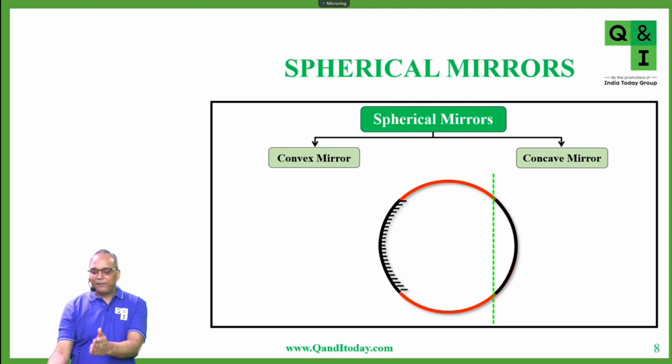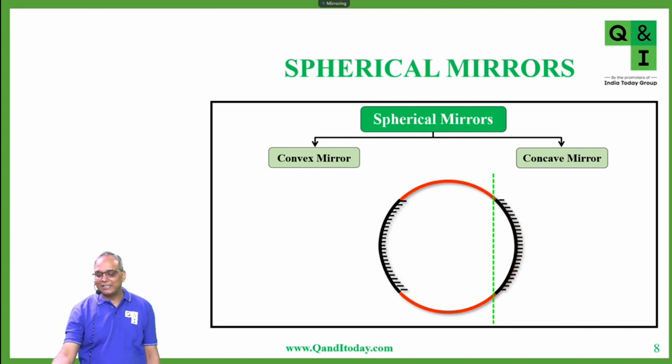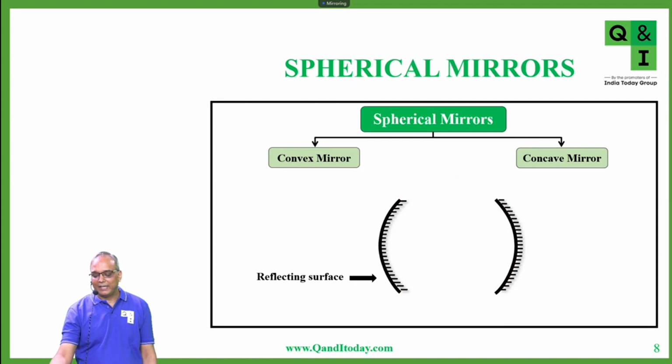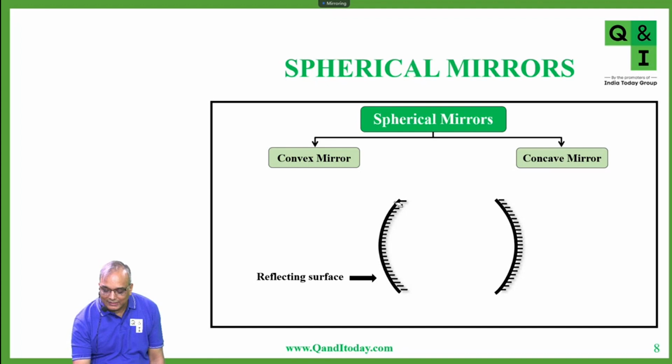Similarly, if I cut the other part where I silver the outer part, the inner part becomes the reflecting part. So in this case, this outer part is your reflecting surface, and here this inner part is your reflecting surface. When I make this kind of parallel lines here, it shows that this is the silvered part.